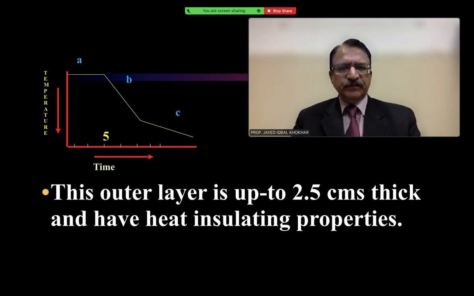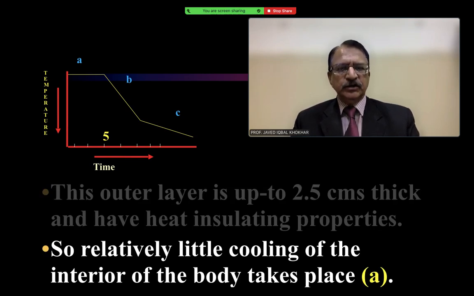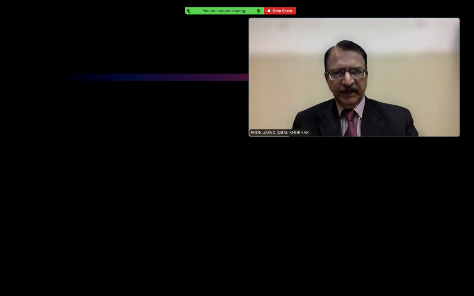The outer layer, up to 2.5 centimeters thick, skin and subcutaneous fat, have insulating properties. So relatively little cooling of the interior body takes place in the initial few hours, which is shown by A.